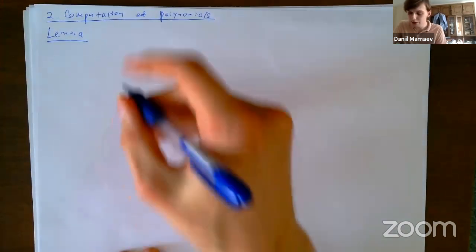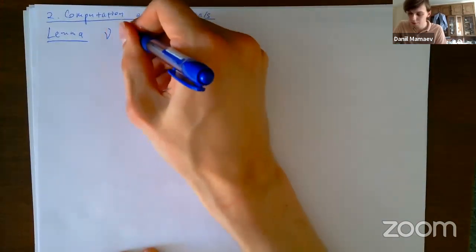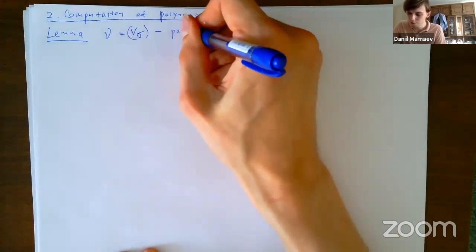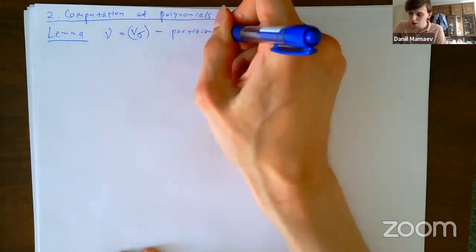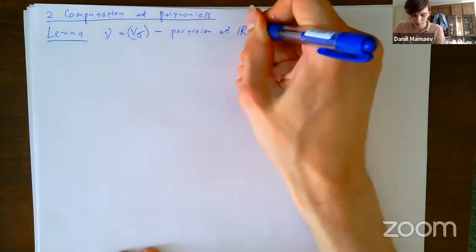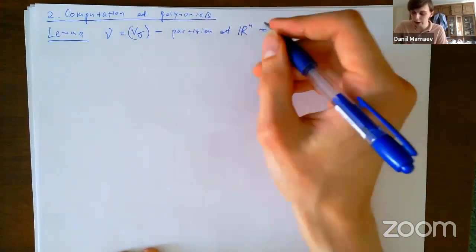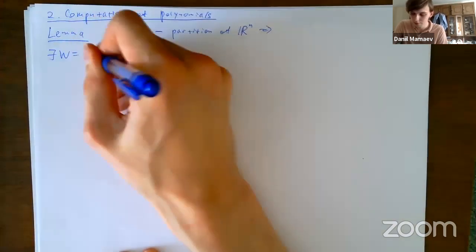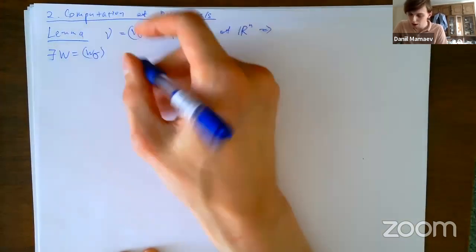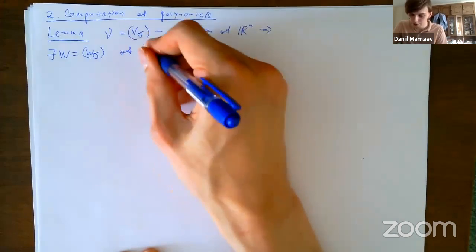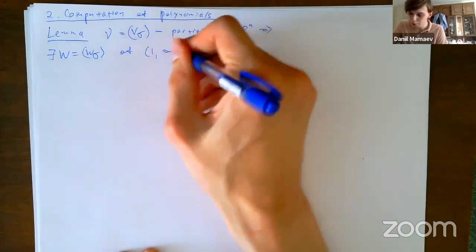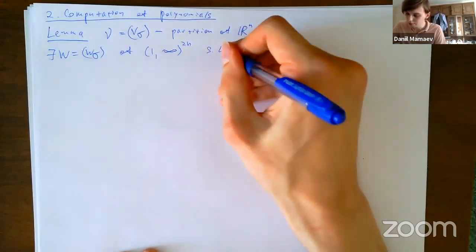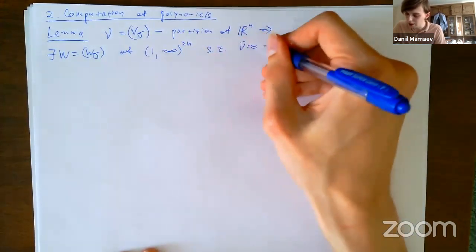If you have any partition of R^n, then you can find another partition of numbers greater than 1, such that these partitions are stably equivalent.